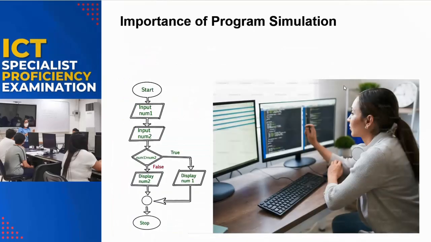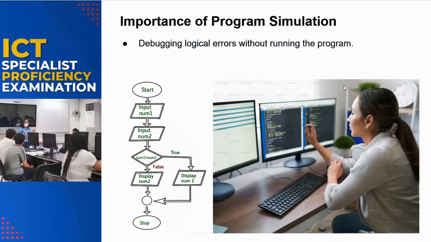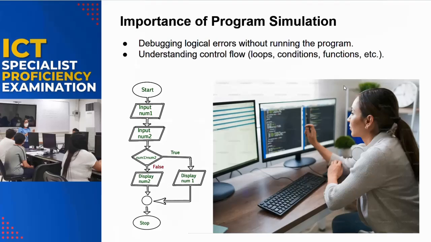in programming. Why is program simulation important in programming? Here are the key reasons. One, debugging logical errors without running the program. So instead of executing the code immediately, we can analyze its flow and identify the errors before running it. Also, understanding control flow. It helps us see how loops, conditions, and functions work step by step, making it easier to follow the logic of a program.